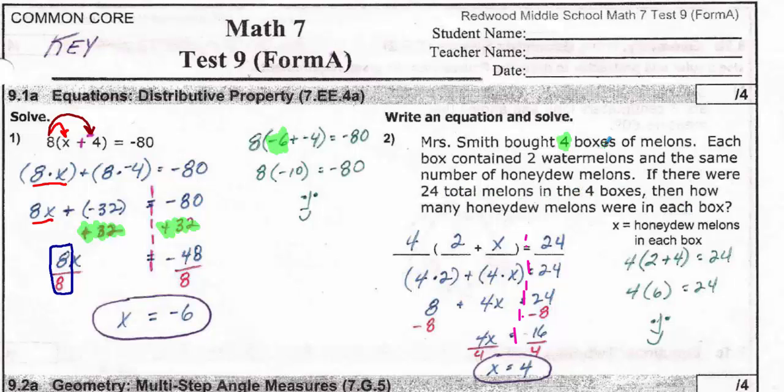So we have 4 boxes of melons. We know that each of those boxes has 2 watermelons, and each of those boxes has the same number of honeydew melons. We decided honeydew melons is our x, so there's the honeydew melons.